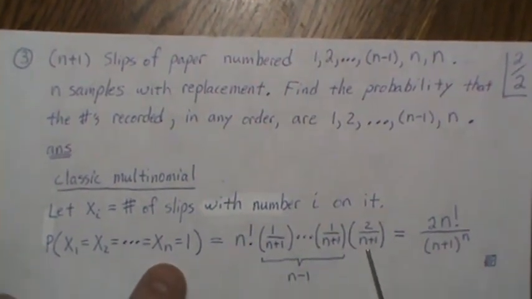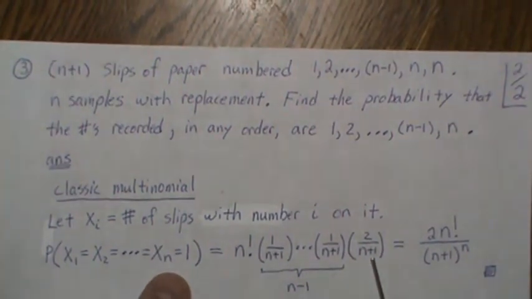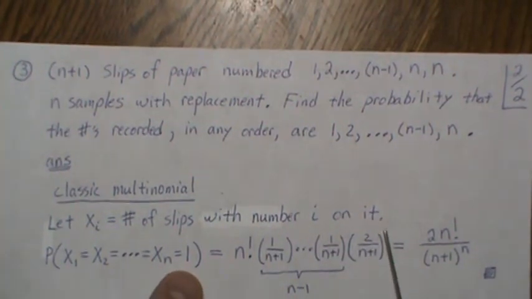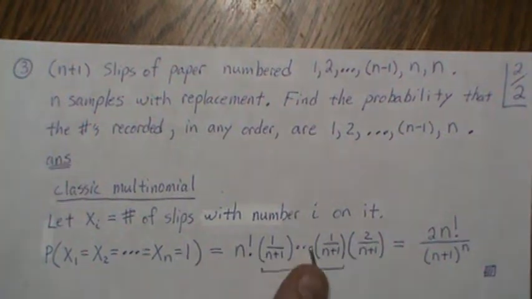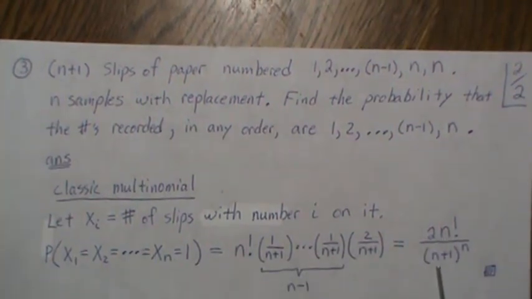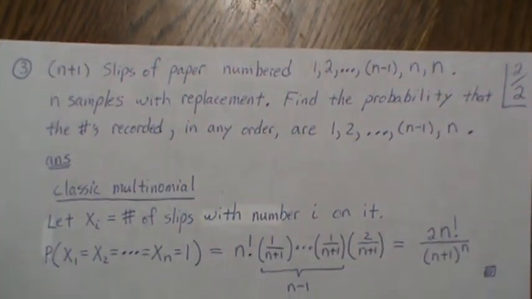Now here, the probability that we draw a slip of paper with an n on it is 2 out of n plus 1, raised to the 1st power. So now when you multiply all these together, you get 2 times n factorial over n plus 1 raised to the nth power. That's the probability.